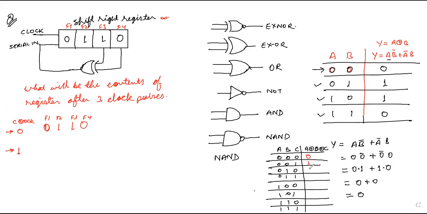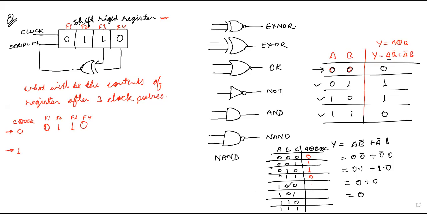The third one is 1. What about the fourth one? 0. Okay, next one. 0. Okay. How will you find that?